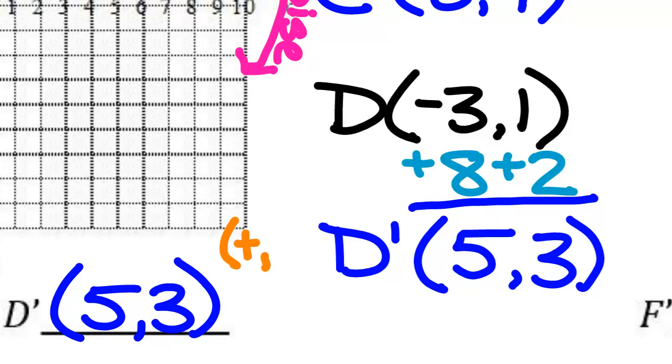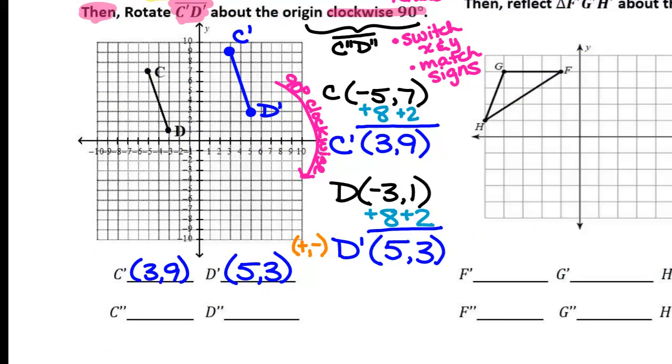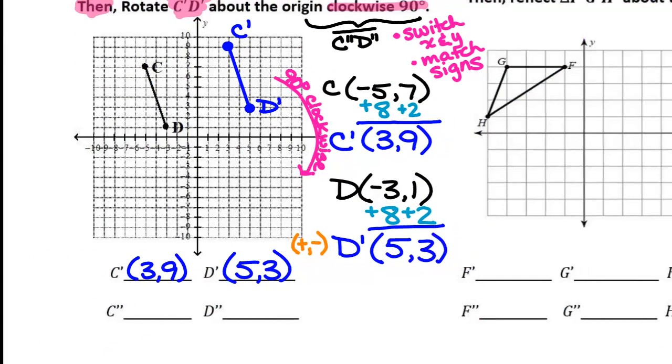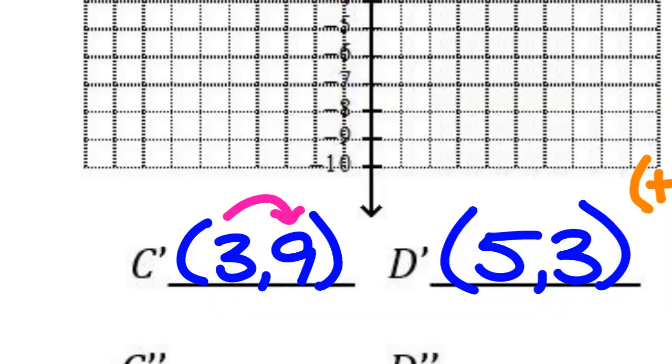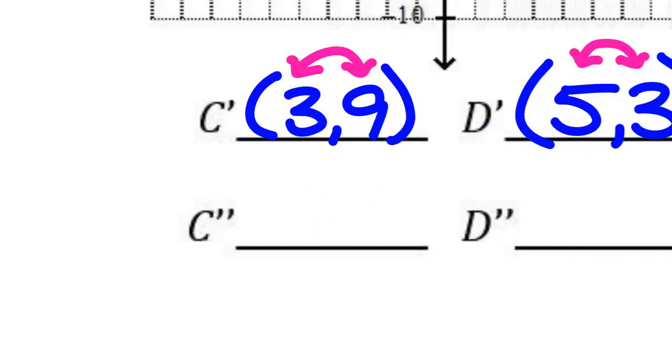What about the Y's? The Y's are negative. So positive X's, negative Y's. We're going to take the XY and flip it around. This is quad 1, quad 2, quad 3, quad 4. So we flip the ordered pair around.